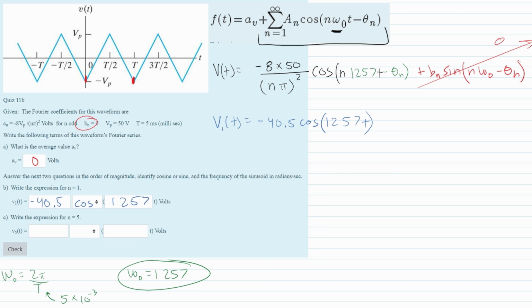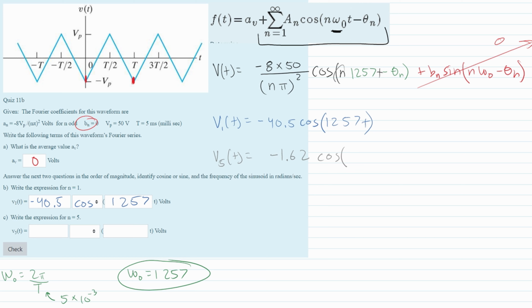Now let's look at the one for 5. It's basically going to be the same thing, we're just plugging 5 in. We are going to have the negative 8 times 50 divided by 5 times pi, all squared. This is going to give us negative 1.62 approximately. And then we're multiplying this by cosine.